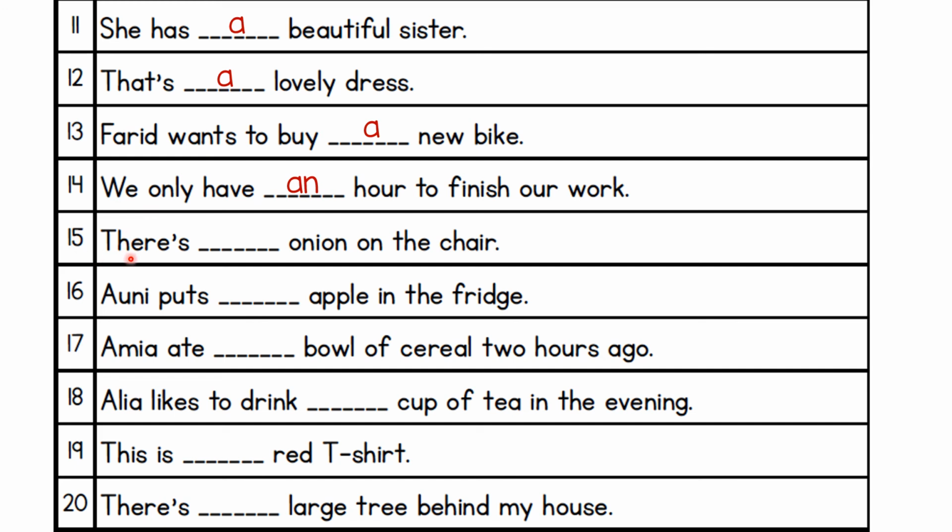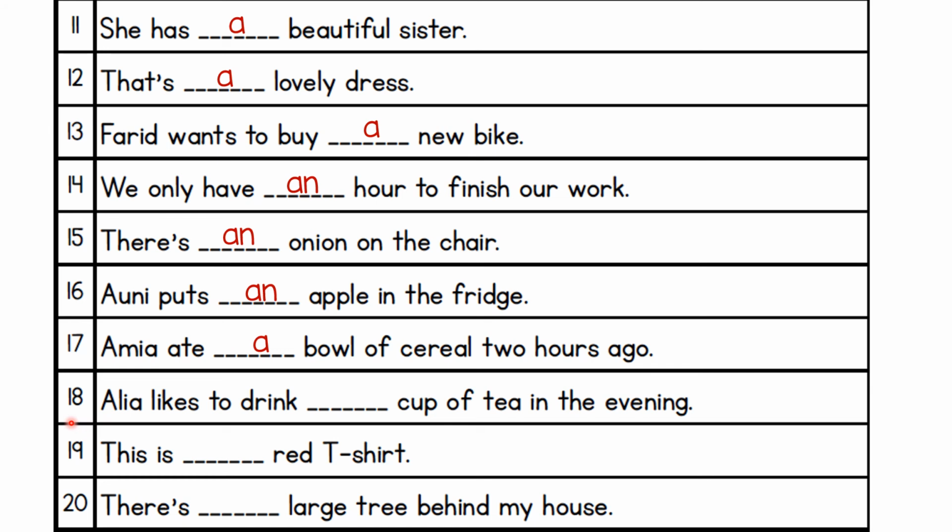Number 15, there's an onion on the chair. Number 16, Auni put an apple in the fridge. Number 17, Amia ate a bowl of cereal 2 hours ago.